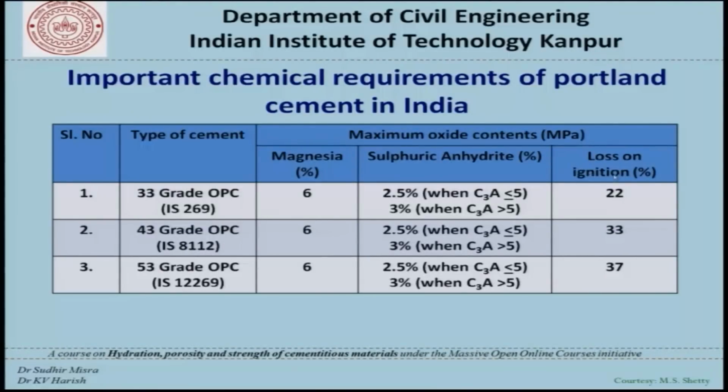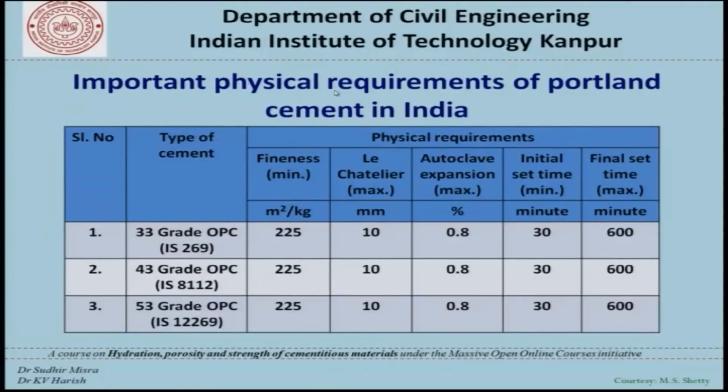The loss on ignition value for 33 grade cement is 22%, for 43 grade it is 33%, and for 53 grade it is 37%.